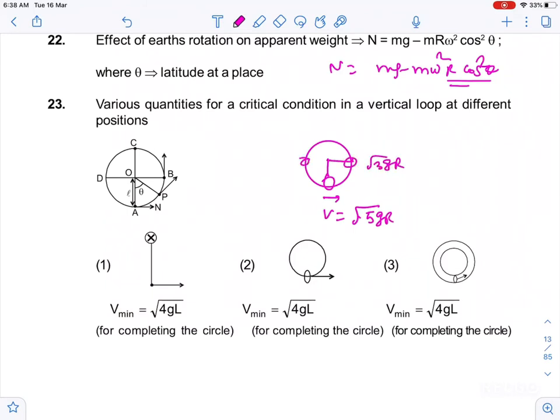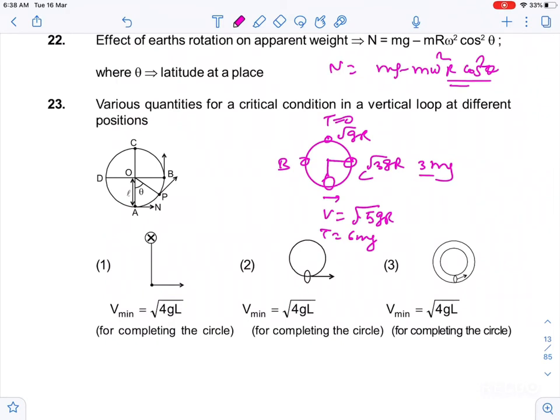This velocity is under root 3gr, this is again under root 3gr, this is under root gr. Tension at this point is 6 mg, tension here is 3 mg, tension here may be 0, and tension is the same as here. C and B are the same.